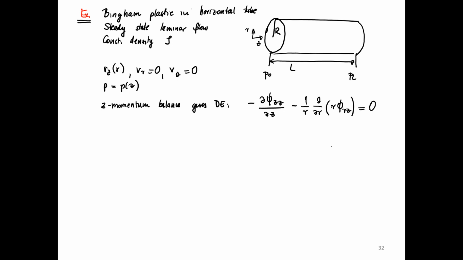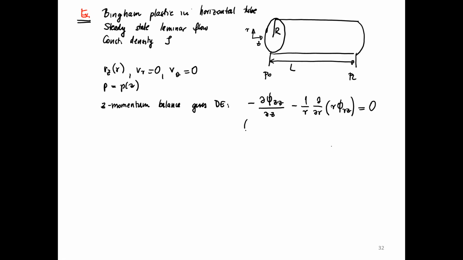What did I omit? Gravity, because in this coordinate system, the Z component of gravity is 0, right? So note, I'm going to write that note so you have it.